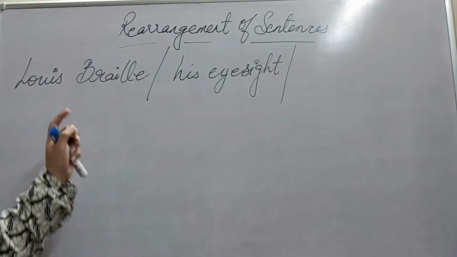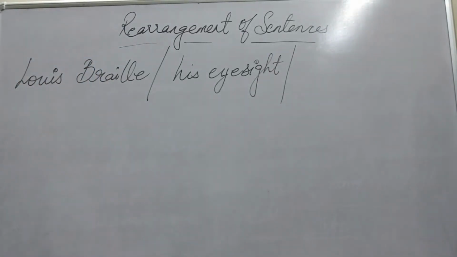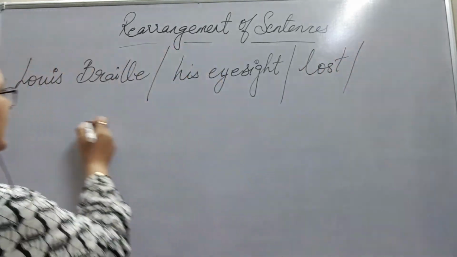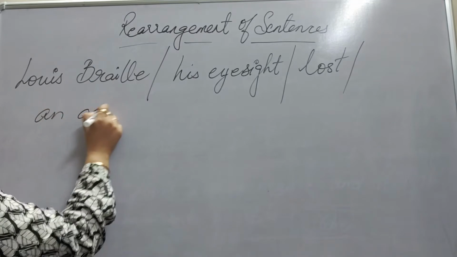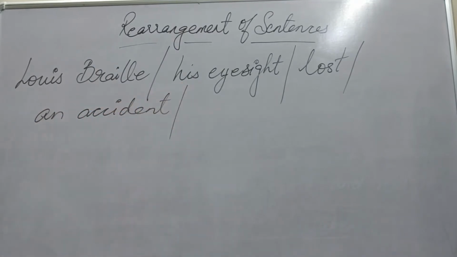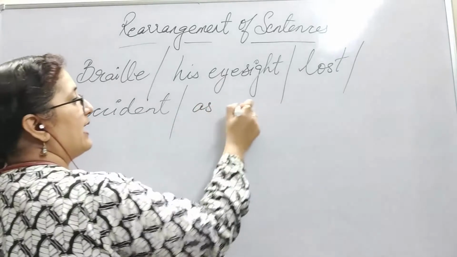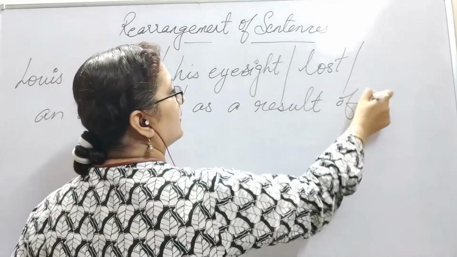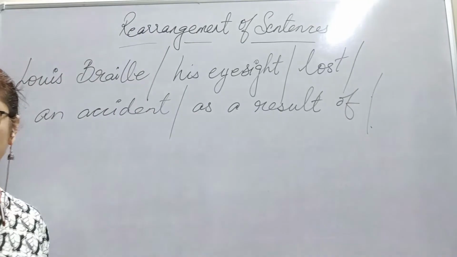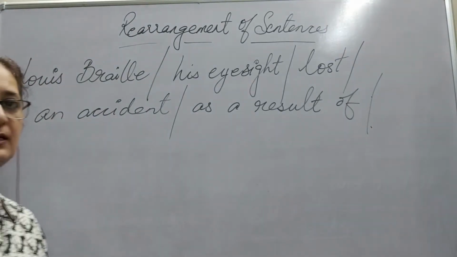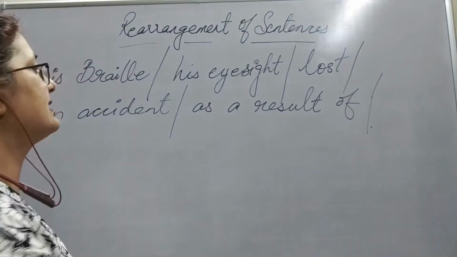Lost, an accident. As a result of. These are the different clues which have been given to you and we have to frame them in a proper sentence. Let's see how we can do it.